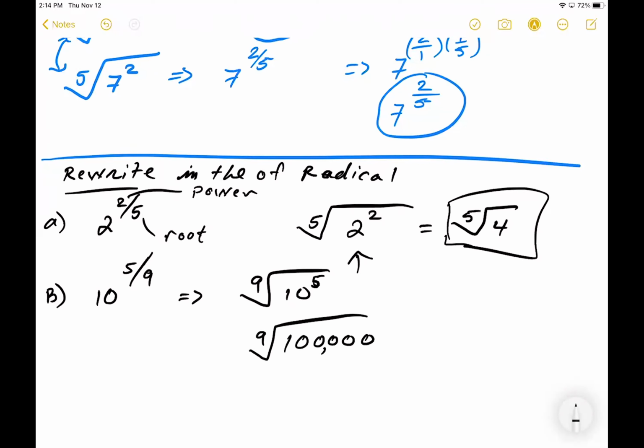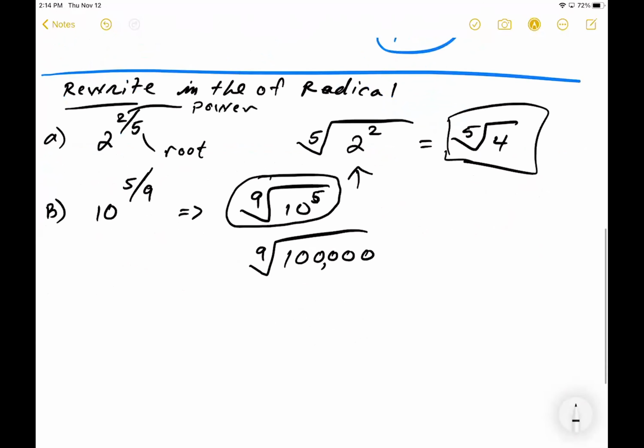But I think this is the one thing that they will ask you to do, to convert that, unless we have something in this form. First of all, the question is how to convert from exponential to radical form. The one thing that you will see is they will give you something like this.